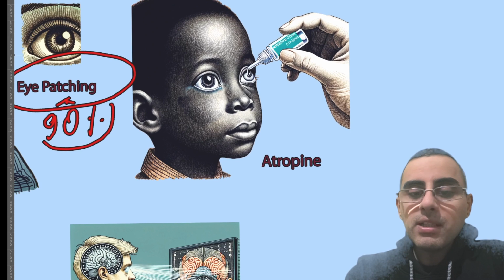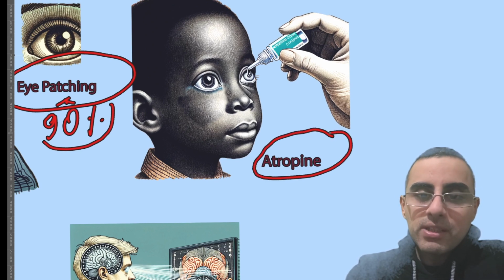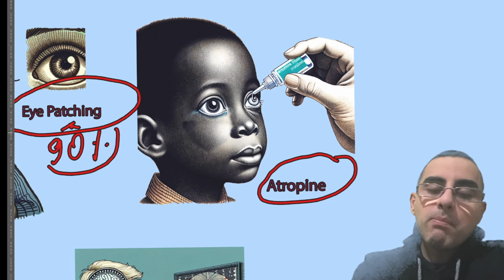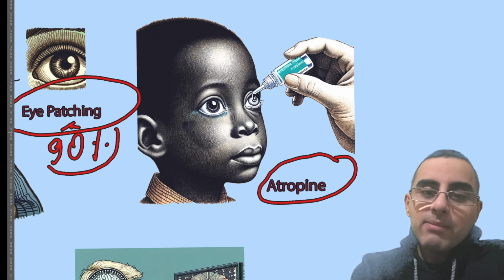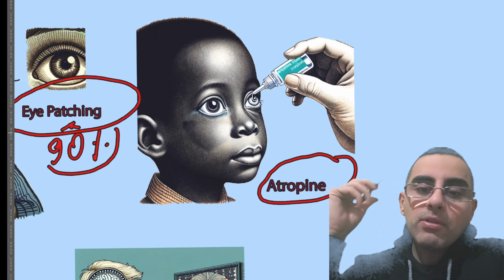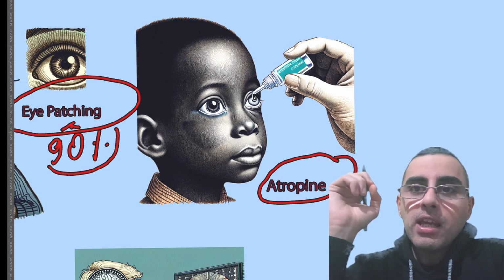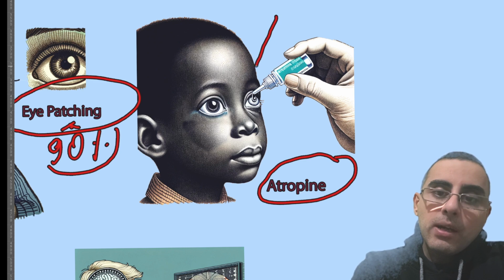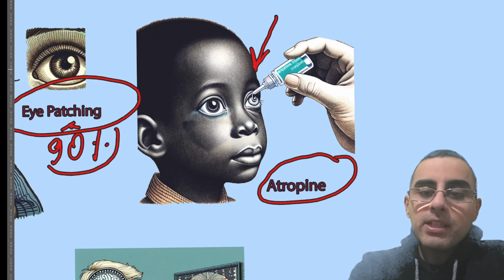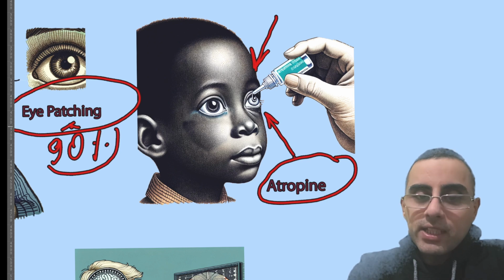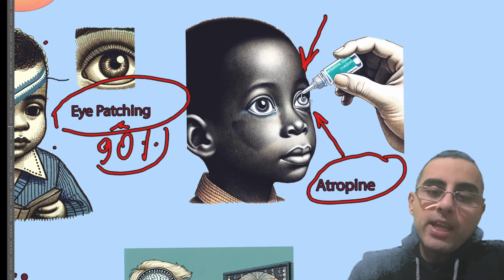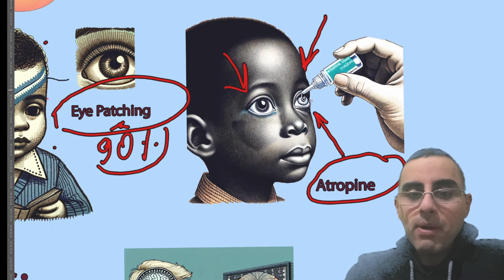The second type of treatment is atropine drops. What is atropine doing? Atropine dilates the pupil. Also, atropine paralyzes the ciliary muscles, and the eye is unable to focus anymore. So we get blurred vision. If you instill atropine in the dominant eye, not the affected eye but the dominant eye, you get blurred vision in the dominant eye, and the brain starts to get information from the affected eye.